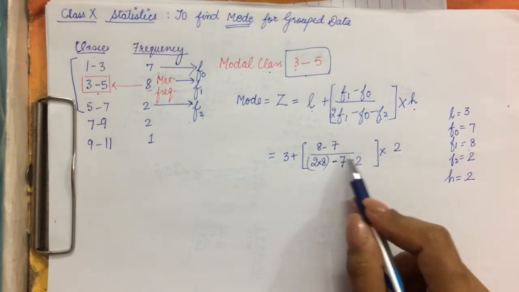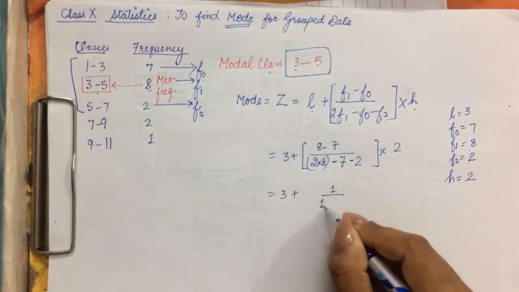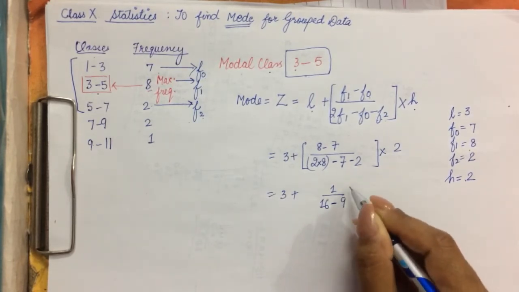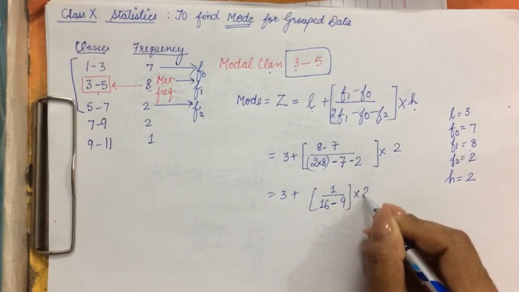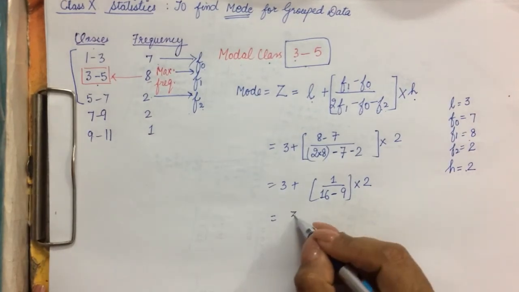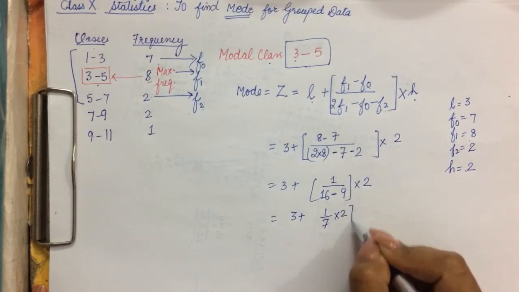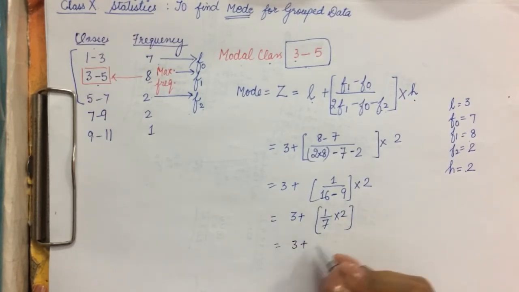Let's solve this bracket and then we shall multiply. So this is 1 upon 16 minus 9. This is to be multiplied with 2. Let's solve it further. So from here we have 3 plus 1 by 7 into 2. So this will be 3 plus 2 by 7.